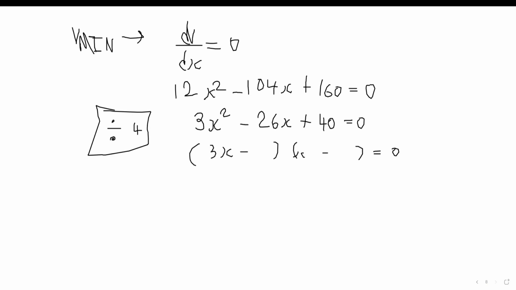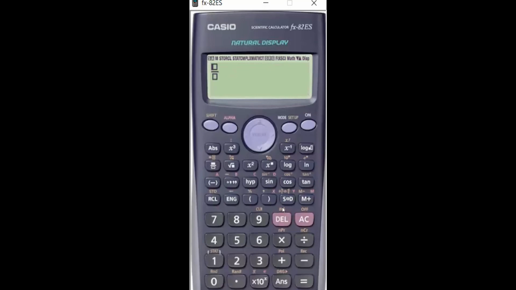I'm having a difficult time factorizing, so I'm just going to go to my quadratic formula. Yeah, man, it's sad, but I have to go to the quadratic formula. The quadratic formula is minus b, which is going to be 26 plus or minus the square root of b squared, which is 26 squared, minus 4ac, minus 4 times 3 times c, which I think c was 40.